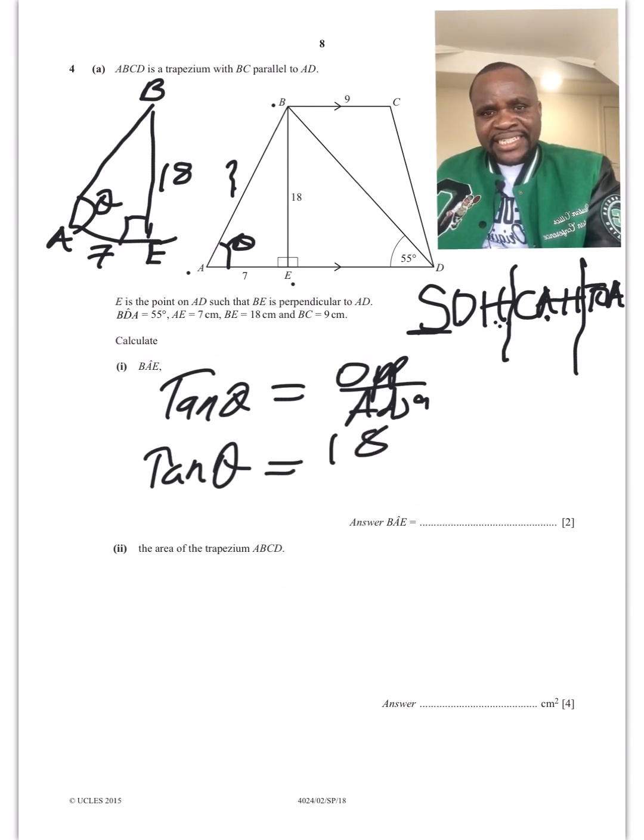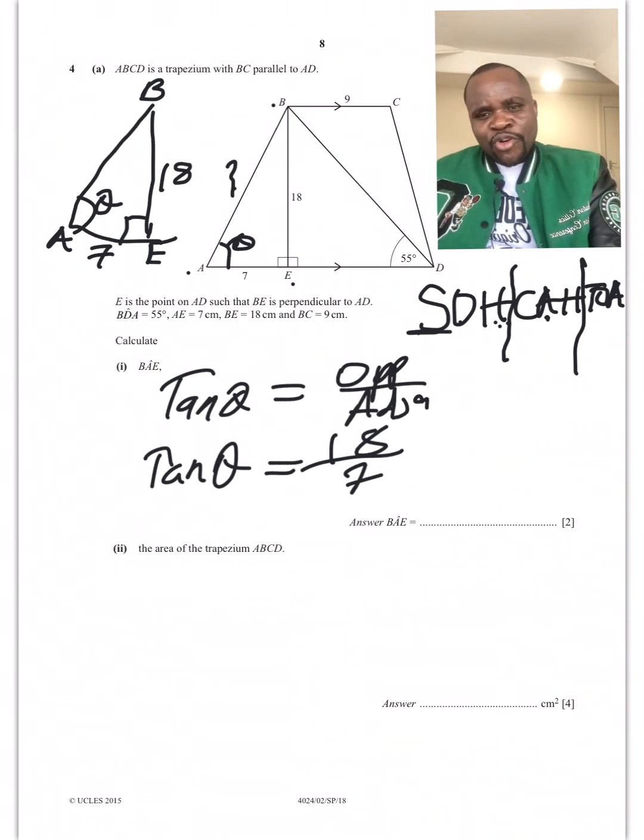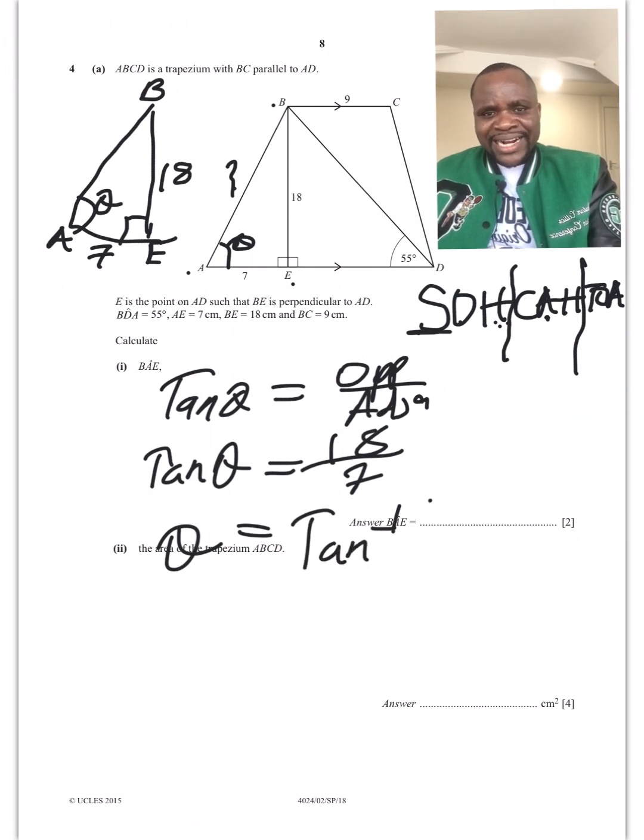Opposite is 18 over adjacent, which is 7. There we go. Then for us to find theta, it means that theta should be equal to arctan of 18 over 7. Then we'll find our theta there.